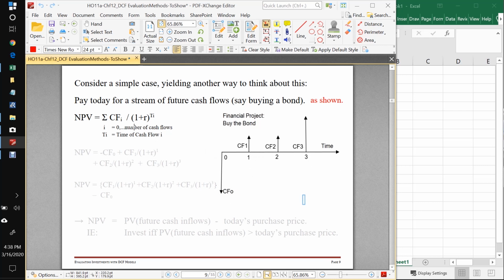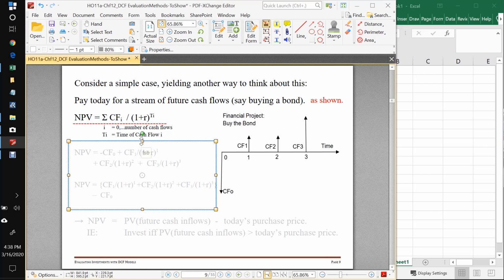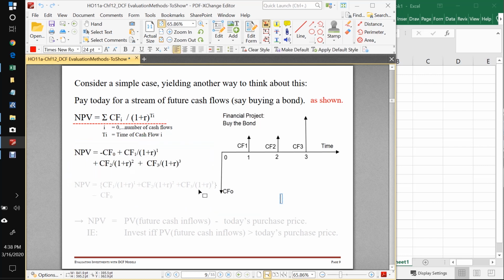So we could get the NPV for the bond buyer for this contract, applying our NPV formula here. And if we do that in this case with these three cash flows, it's going to look like this. Okay, so here's our minus CF0, right?